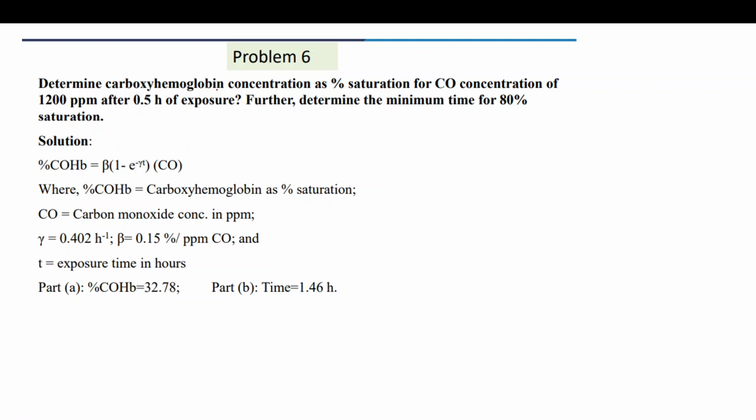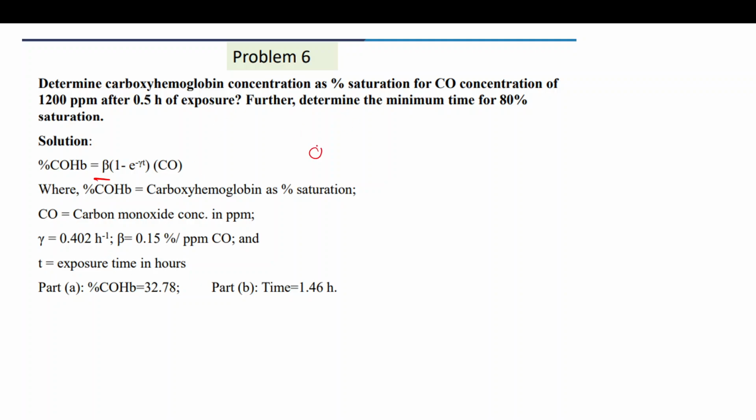There is a formula where carbon monoxide is converted to carboxyhemoglobin, and you need to find the percentage saturation after 0.5 hours. Beta is 0.15% saturation per ppm of CO, and for the exposure, gamma is 0.402, which is constant.